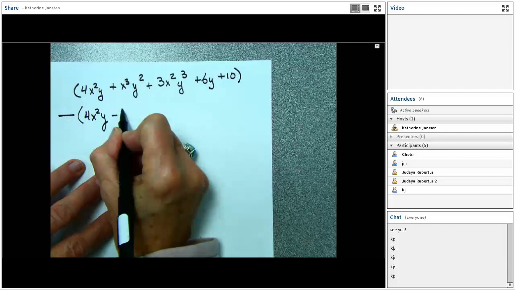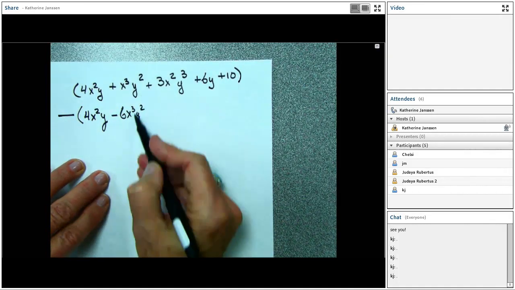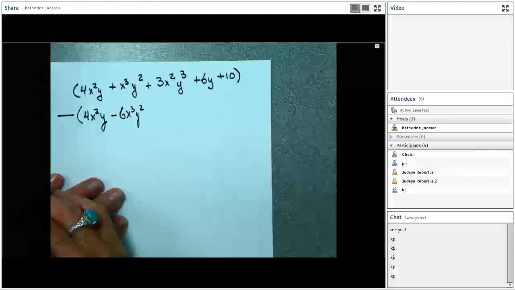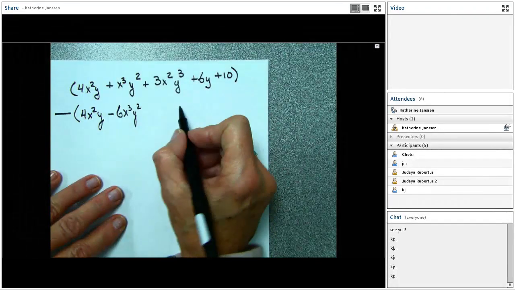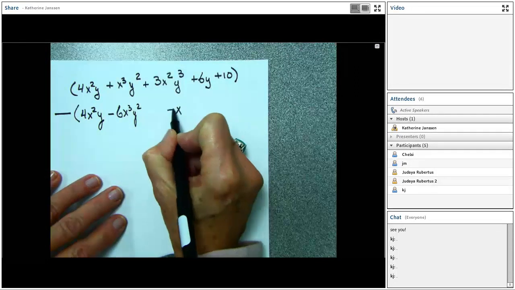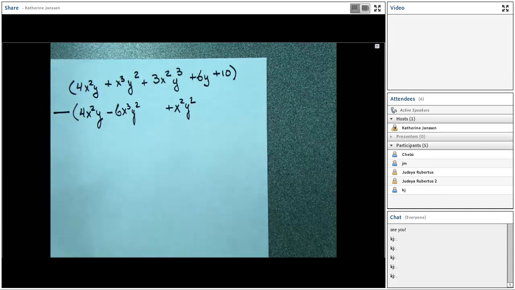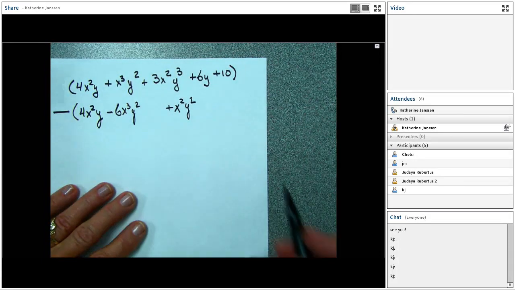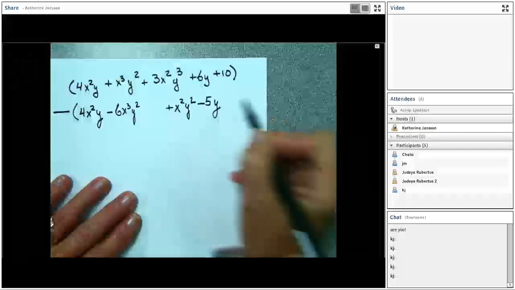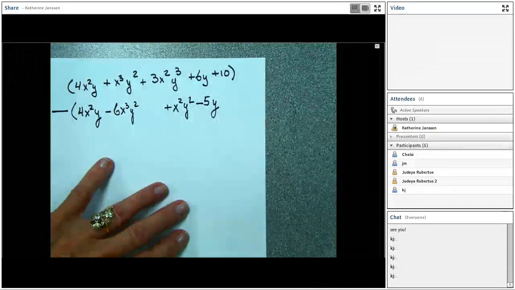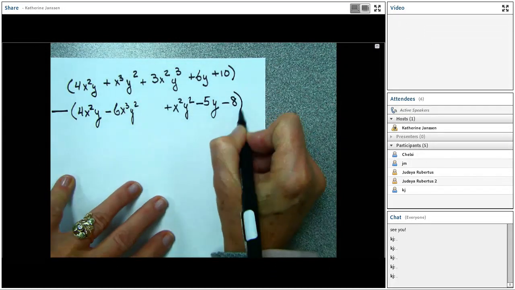So minus 6x cubed y squared. I'm columnizing my like terms. The next term I have is an x squared y squared. So I'm just going to scoot that in here. I have a minus 5y. And subtract 8 for a constant.